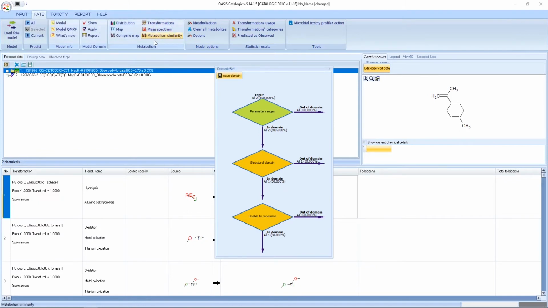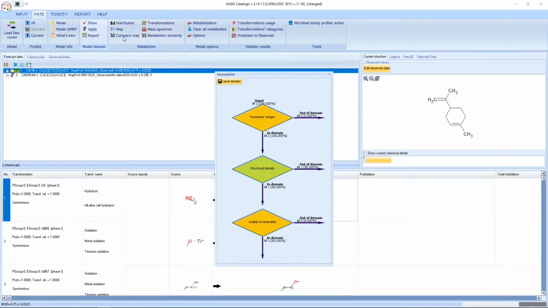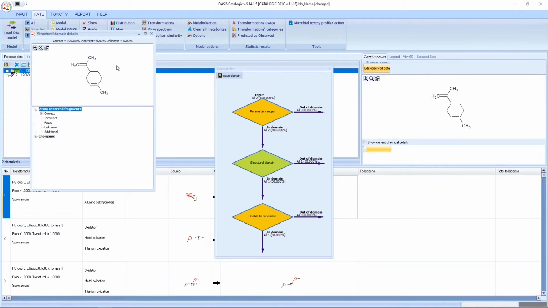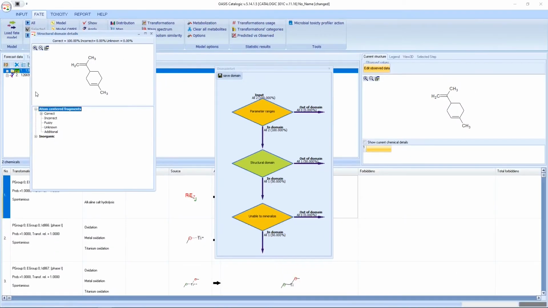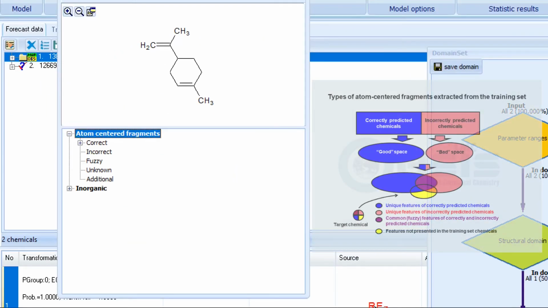Let's move further. The structural domain layer represents the collection of molecular features extracted from the training set chemicals correctly predicted by the model. Currently, the atom-centered fragments are used as such molecular features. There are 3 types of atom-centered fragments.